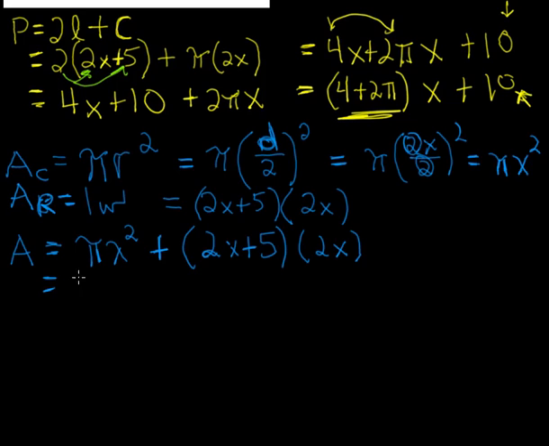So I'll leave the pi x squared up front, pi x squared plus, draw my arrows for distribution. This is going to go to the first part and then the second part. So my first is 4x squared, and my second is plus 10x.